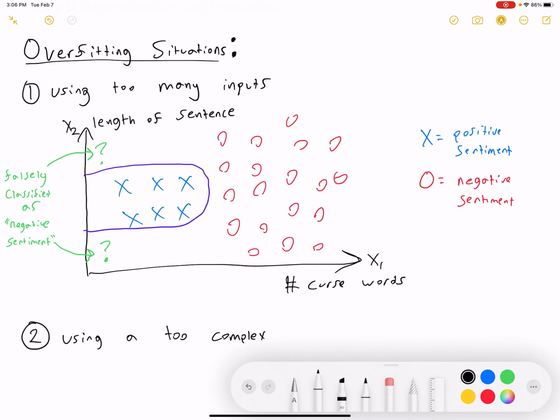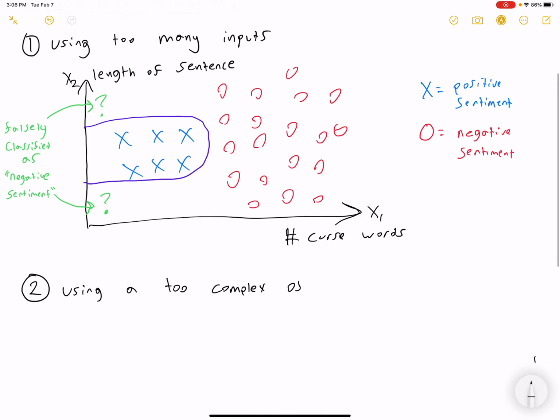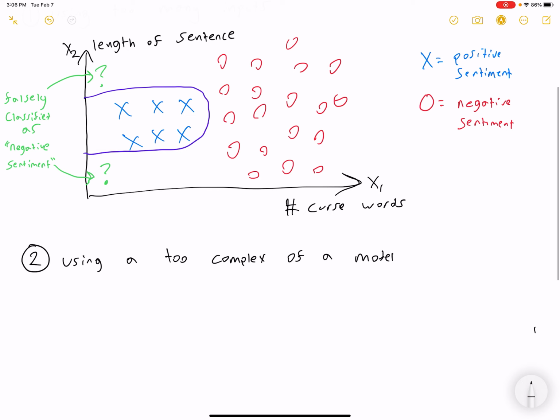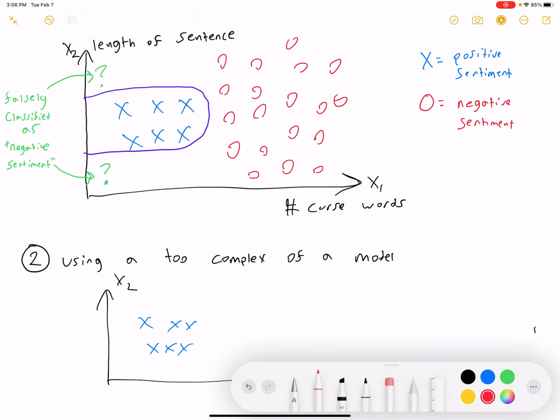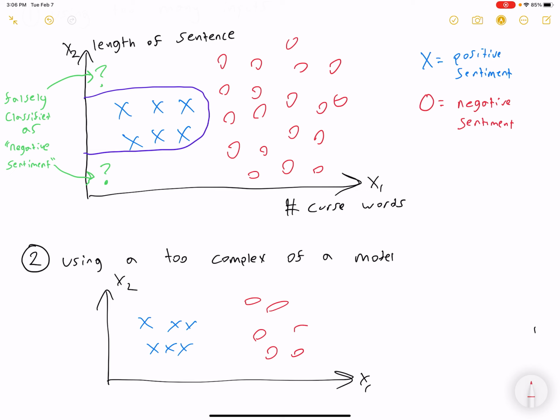Too complex of a model. And we're just going to go back to that same plot. Just going to draw it really fast, and it's not going to be exactly the same, but roughly similar. Doesn't really matter where the red circles go.